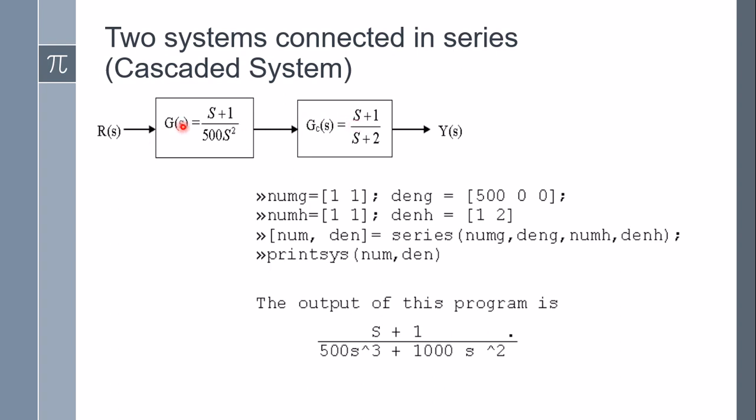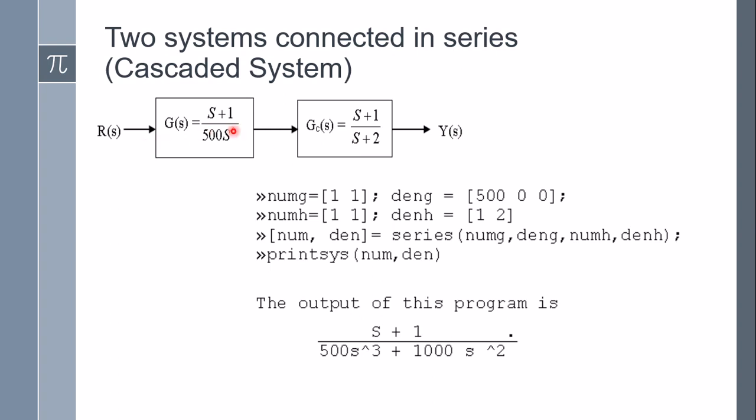Here, G(s) is the transfer function of the first system and Gc(s) is the transfer function of the second system. The external input is applied to the first system, and its output acts as the input for the second system, whose output is the global output Y(s). Our ultimate objective is to find the transfer function of the resultant system, that is Y(s) divided by R(s).